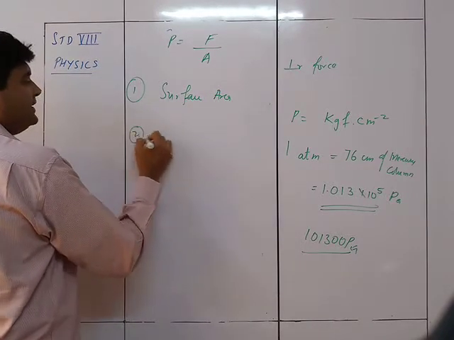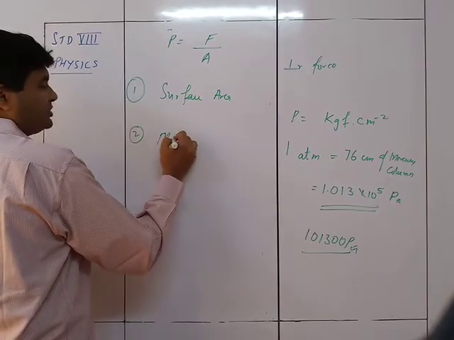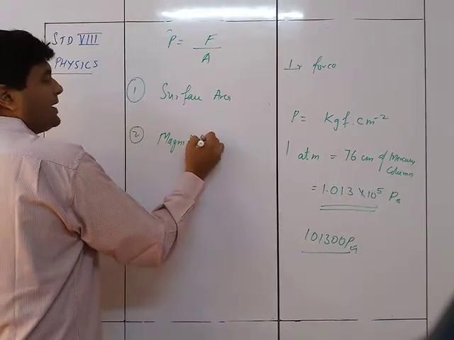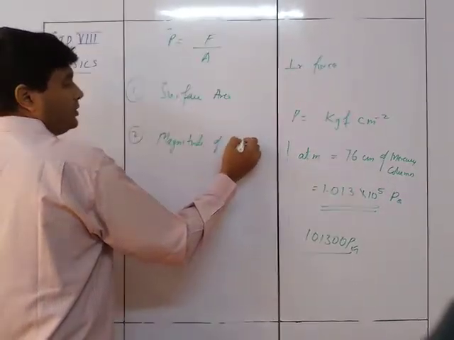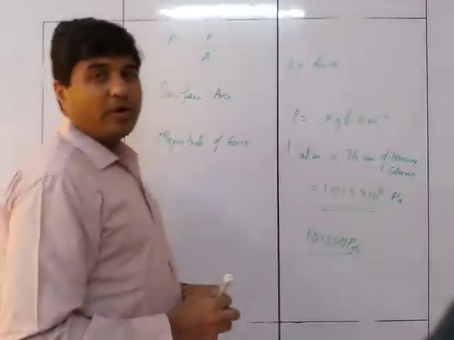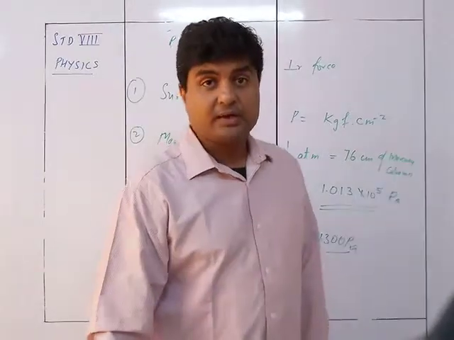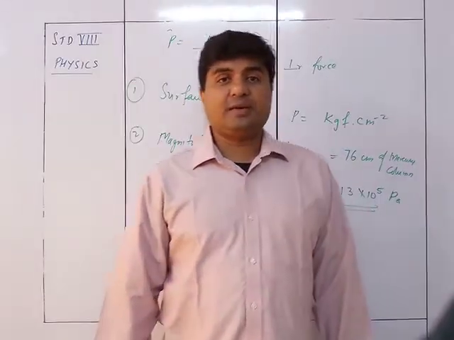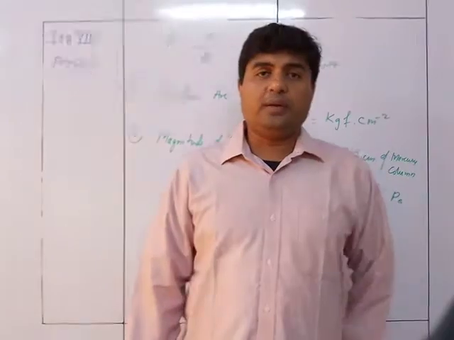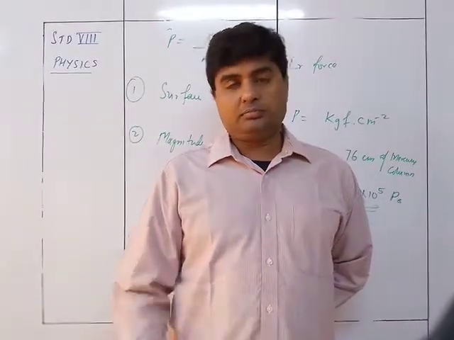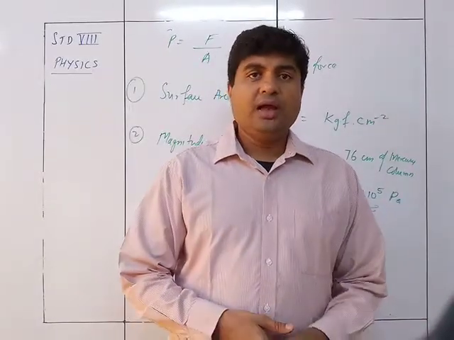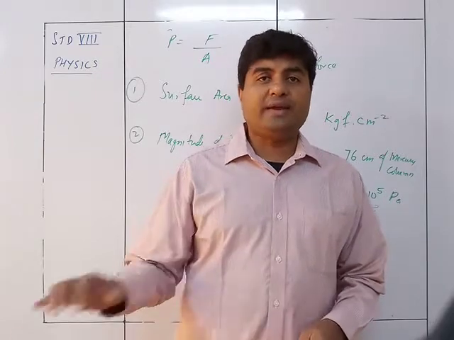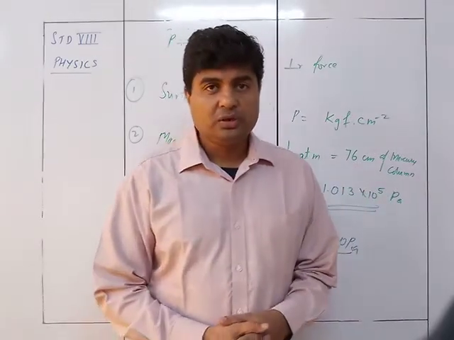And the second one is force, the magnitude of force. It depends upon what is the force exerted. Suppose I am standing on the beach, and another person is a small kid standing on the beach.